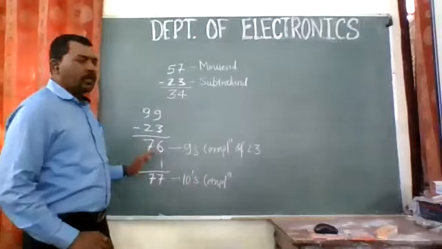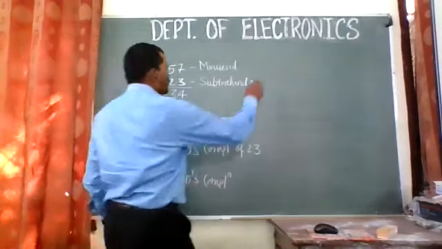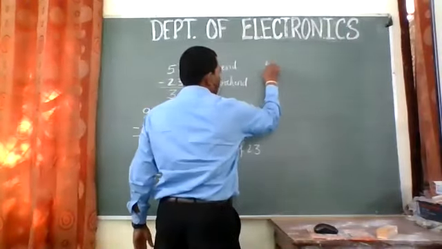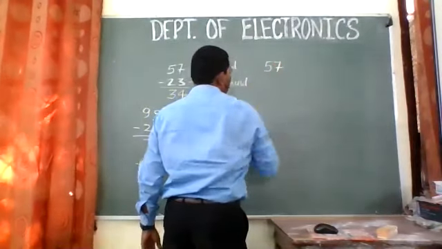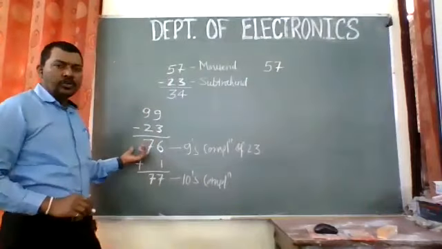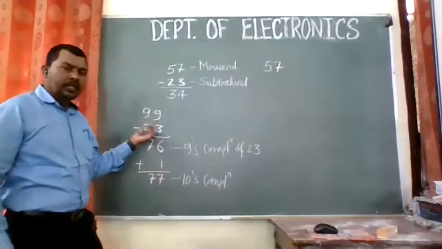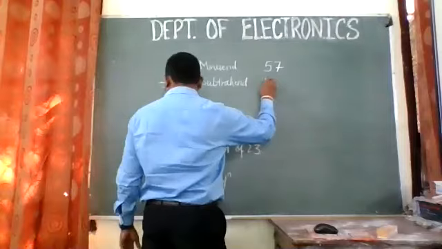Now we keep the minuend as it is, so I am writing 57 over here, and the nines complement of 23, that is 76, I am writing over here.